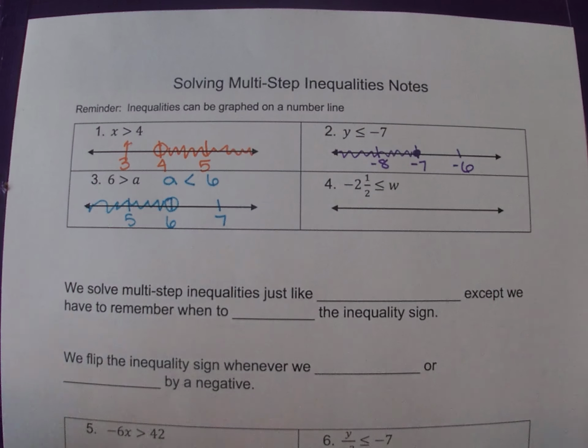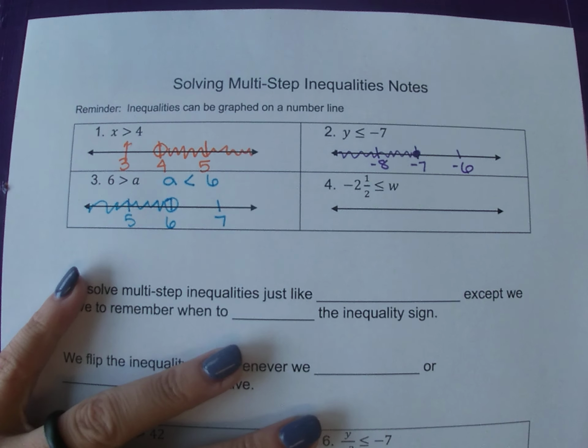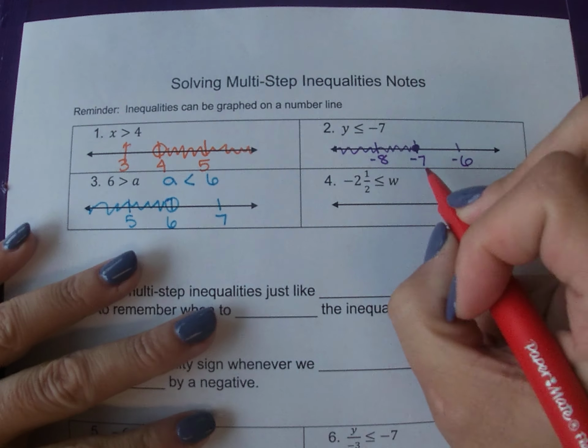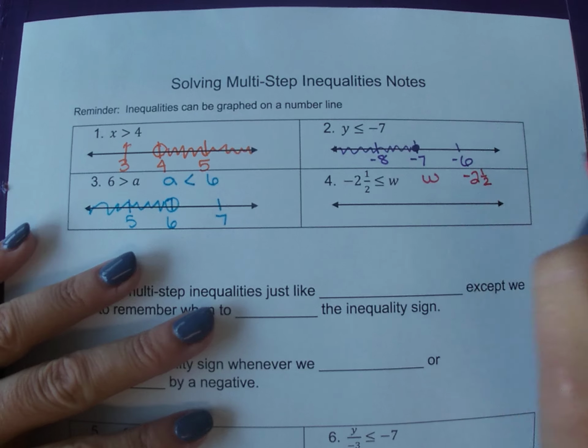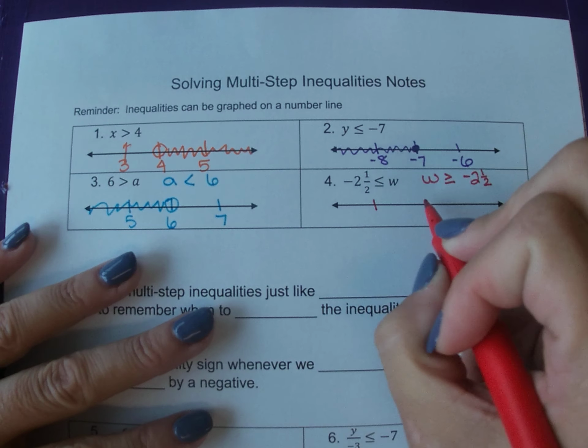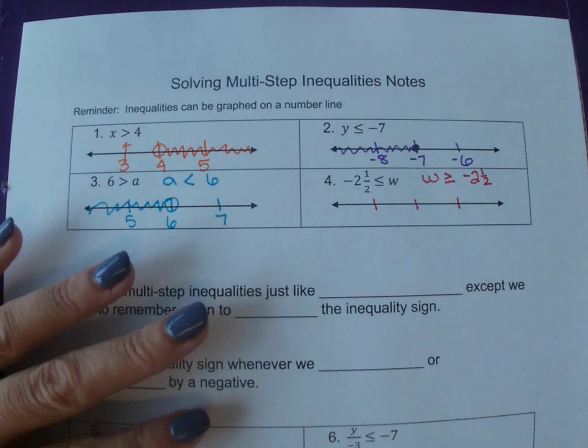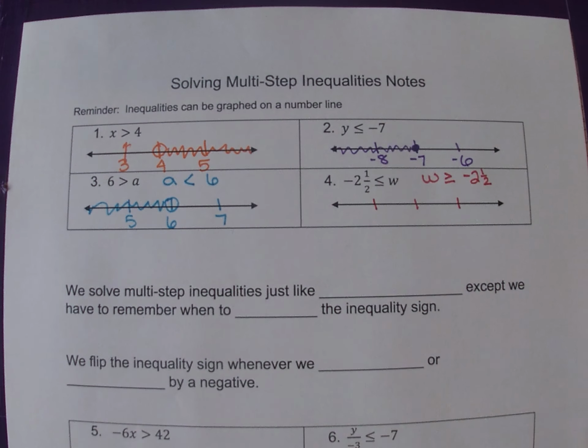Okay, and then when I look at my next one over here, again, I do not have the variable first. So I'm going to rewrite that. I'm going to switch my W and my -2.5. I'm going to flip my inequality sign when I make that flip. Now, here's my rule with halves. We just have to approximate them on the number line.